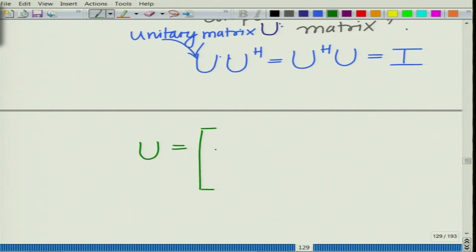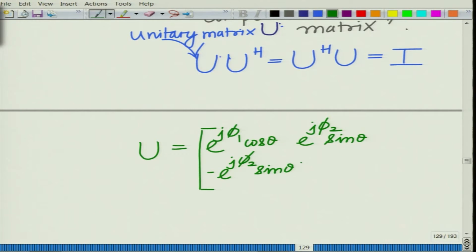So, this will be e raised to j phi 1 cosine theta, e raised to j phi 2 sin theta, minus e raised to minus j phi 2 sin theta, and e raised to minus j phi 1 cosine theta.